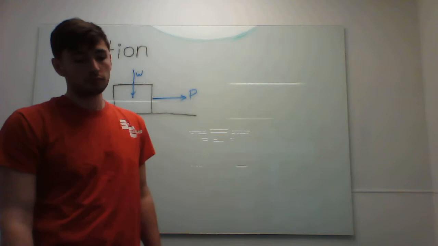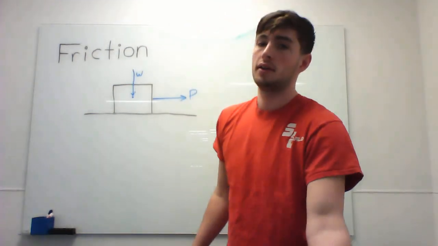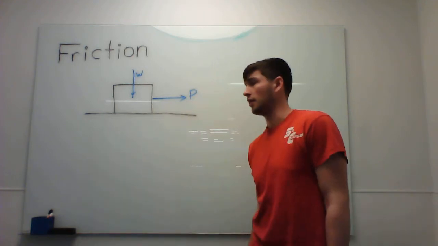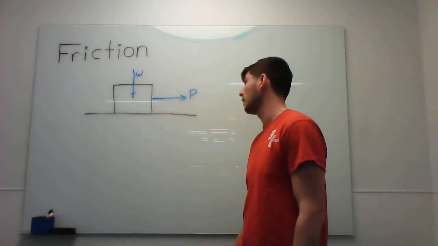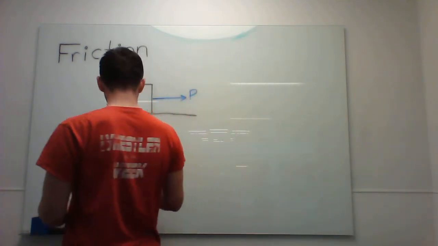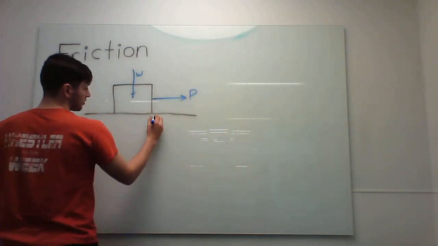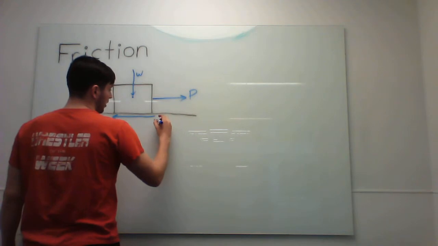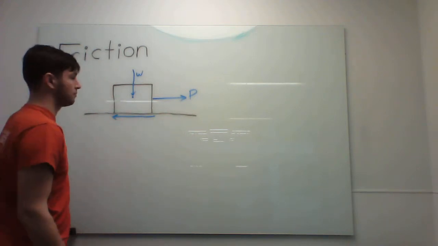So, what this is going to do is, since this is not a perfectly smooth surface, it's a rough surface, there's going to be friction right here. So this frictional force is just going to be applied to the bottom of this box.